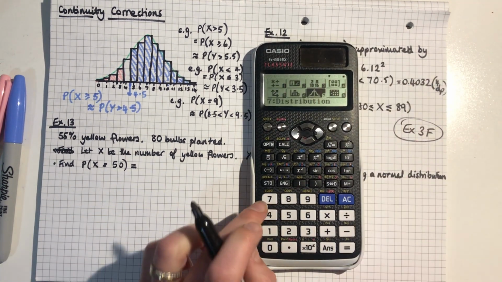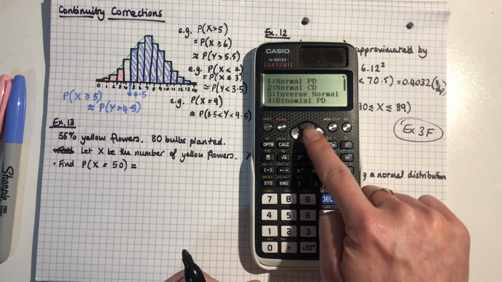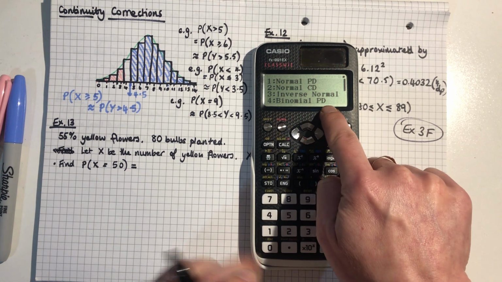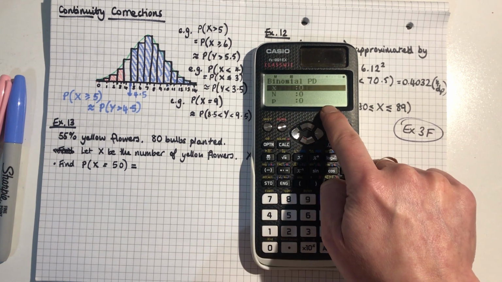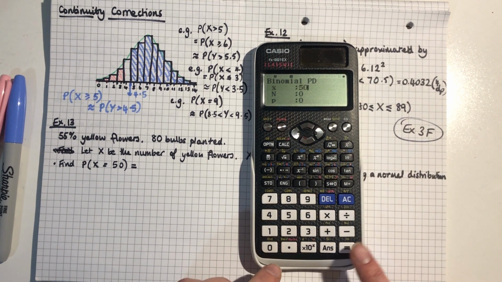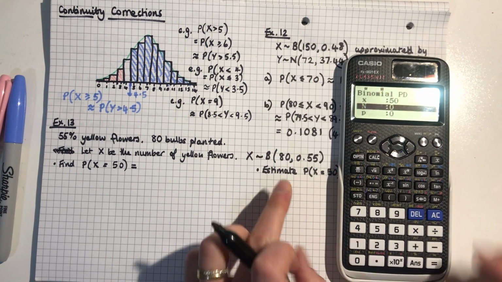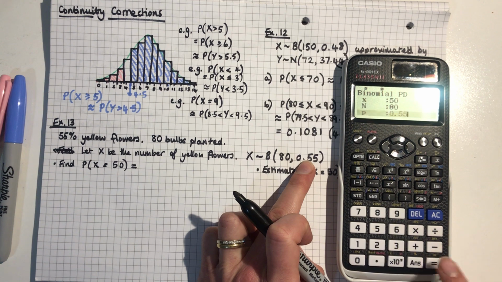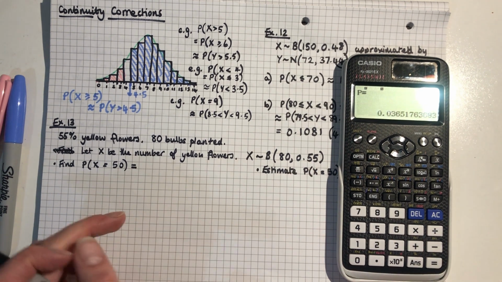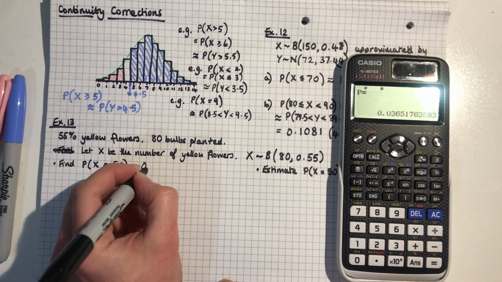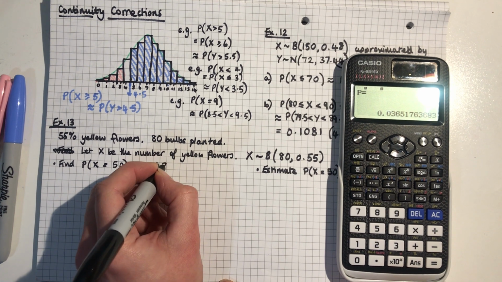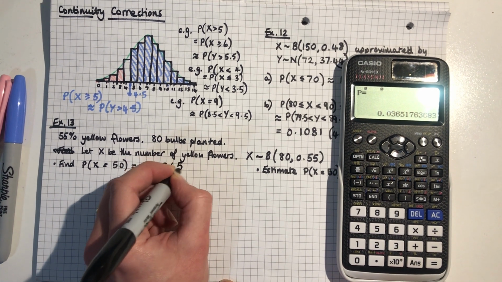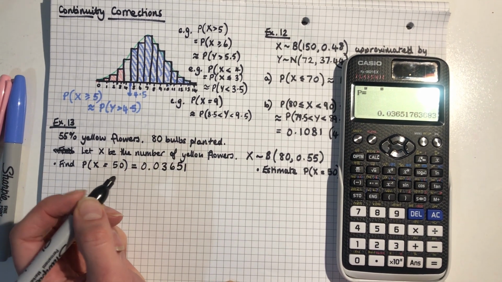So we'll go to our distribution, and we want binomial probability distribution. X is 50, n is 80, p is 0.55, and that gives us a probability of 0.03651.